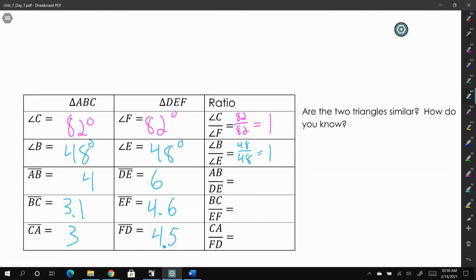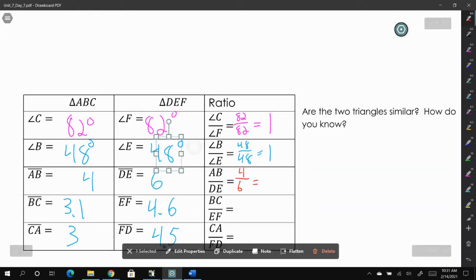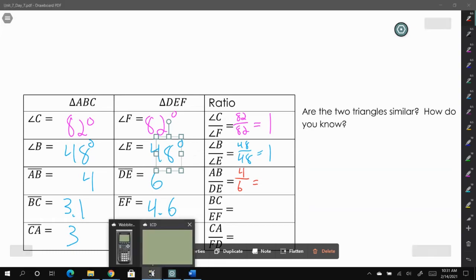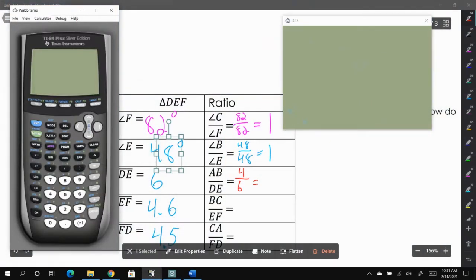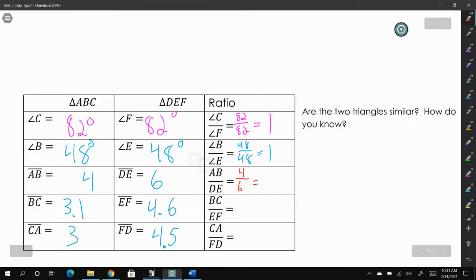Now, when we look at the side lengths, AB was 4 and DE is 6. That can reduce down to 2/3. Or if we get the calculator out and get our decimal, 4 divided by 6 is 0.67. Then we do that for BC and EF, 3.1 over 4.6.